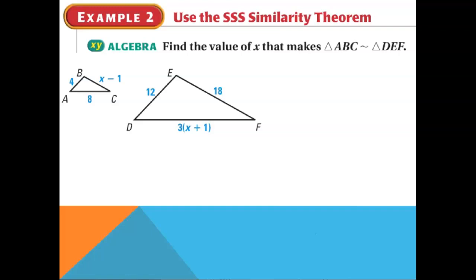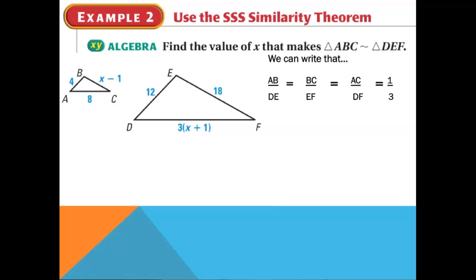Find the value of x that makes triangle ABC similar to triangle DEF. Since we know that triangle ABC is similar to triangle DEF, we know which parts correspond to each other. So, AB goes with DE, BC with EF, and AC with DF, and they're all in the proportion of 1 to 3.